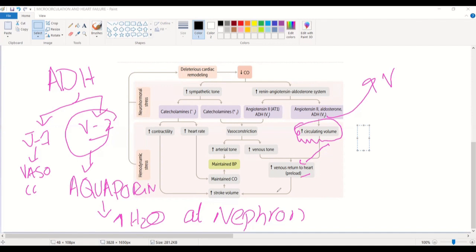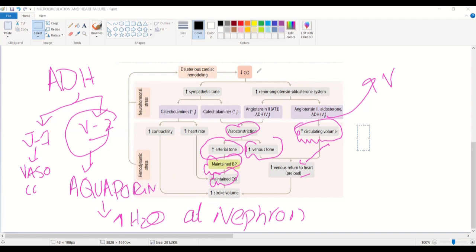ADH works on the V1 receptor and leads to vasoconstriction, increasing venous tone and arterial tone, and in this way increased blood pressure if it was initially decreased. So blood pressure is maintained, cardiac output is maintained, and stroke volume is increased.